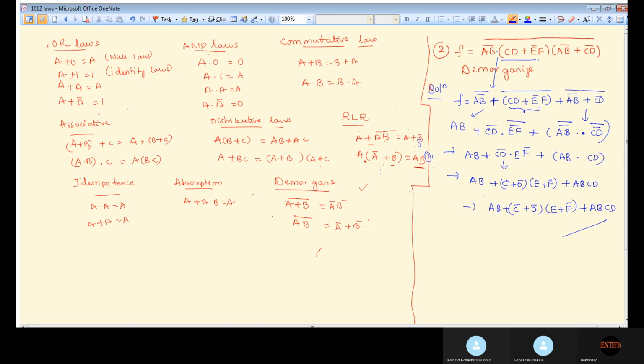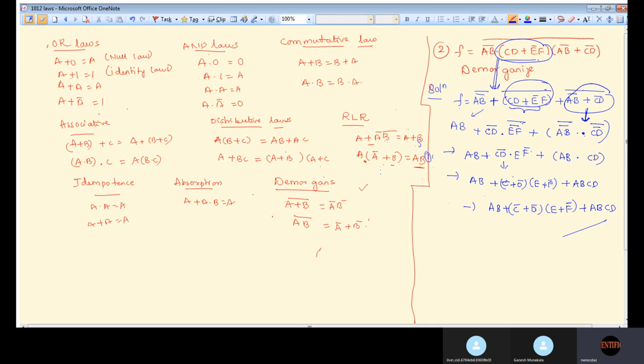So what you need to do is, if you are not able to do it directly in the expression, first take the terms in the bracket and demorganize. I have taken the first product term and demorganized it first. In the second step, I took this bracket term and applied De Morgan's law to this one.